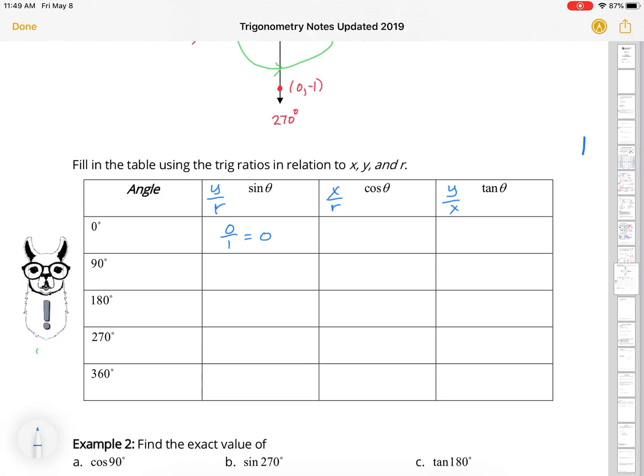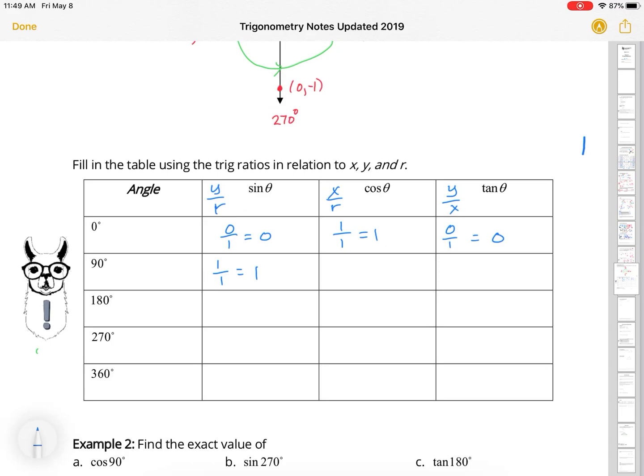For sine of 0 degrees, I would get 0 over 1, which is equal to 0. For cos of 0 degrees, I would get 1 over 1, which is equal to 1. And for tan, I would get 0 over 1, which is equal to 0.